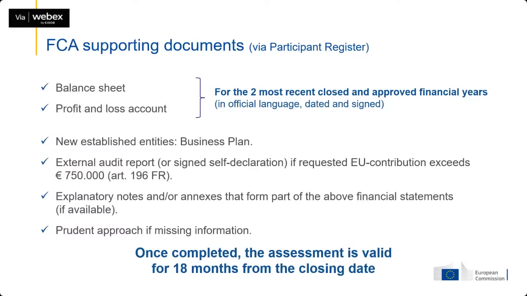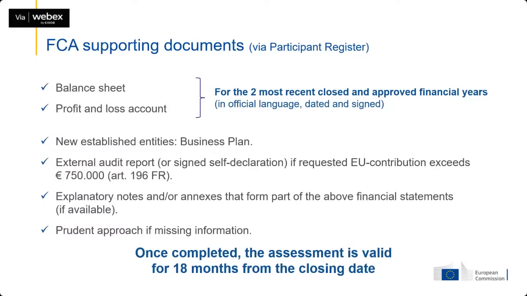But all these details are included, as I mentioned before, in the message you receive. If your organization is a new established entity without closed accounts, closed financial statements yet, you have to provide a business plan, including the financial projections for the first years of activity.